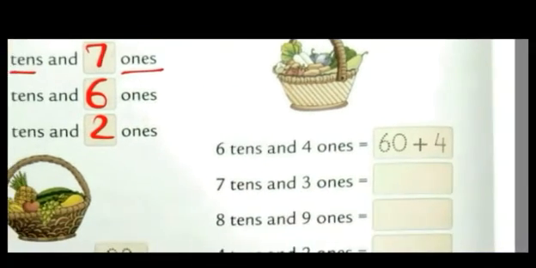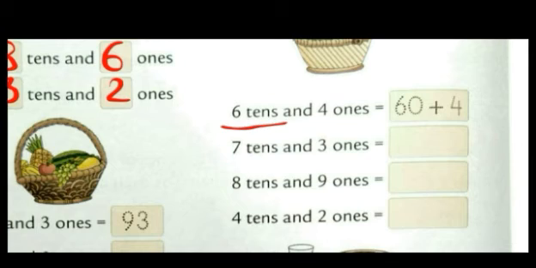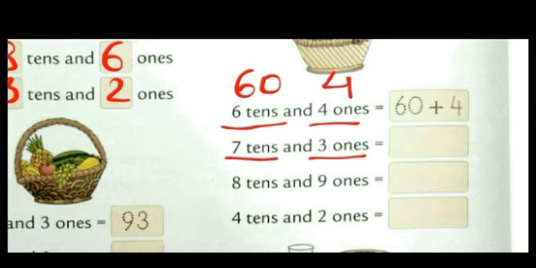Okay, this is one way how you can write. Now see the second way. 6 tens and 4 ones. As I told you, one strip of 10 has 10 ones. That means 1 ten is equal to 10 ones. So it can also be written as 6 tens means 60 and 4 ones. So this is also one way how you can write it. Okay, so see the second one, 7 tens and 3 ones.